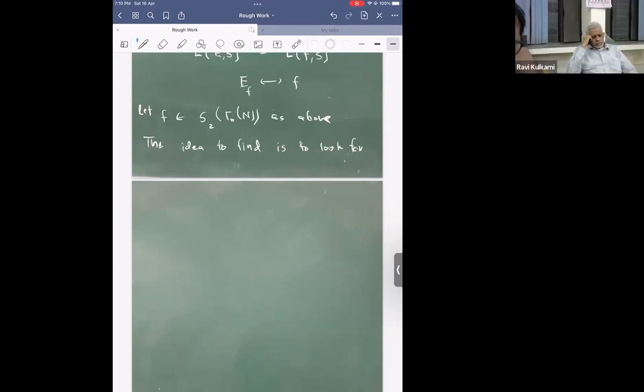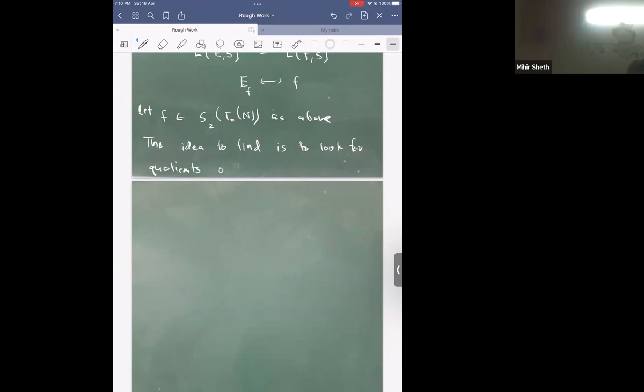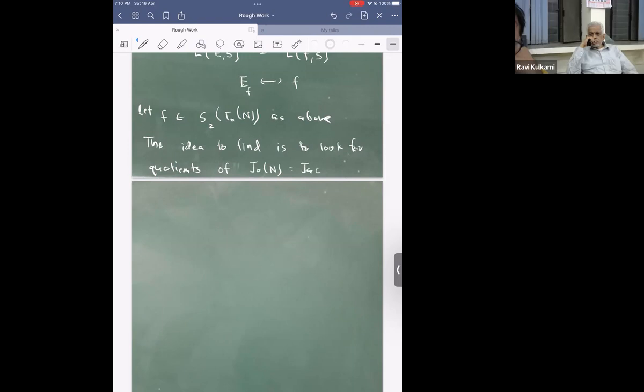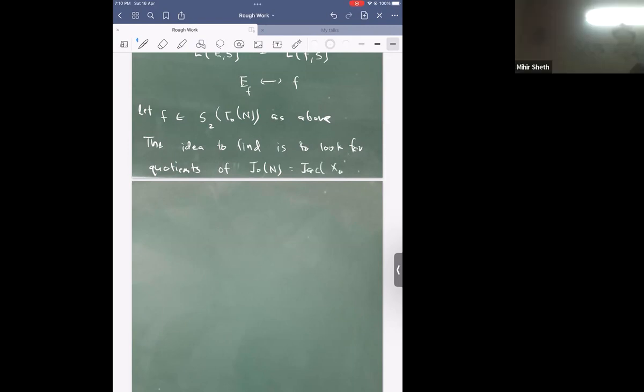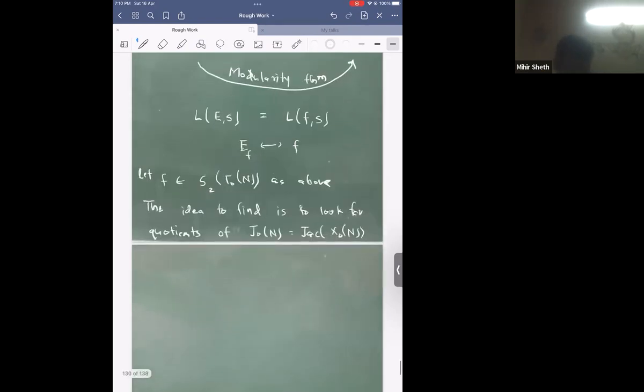So look for quotients of J_0(n), where J_0(n) is the Jacobian of X_0(n). That's the modular curve attached to this congruence subgroup, and this quotient will actually come from the modular form that we begin with.